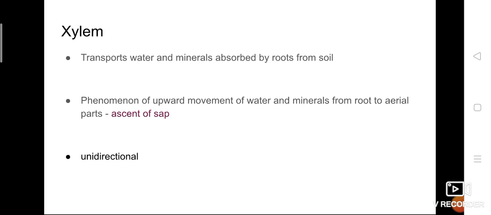So what the roots will do is absorb the minerals and water. Now what it has to do, this is with the help of xylem. The roots are going to transport this water and minerals, which are absorbed from the soil, to all parts of the plant. But imagine that movement of water and minerals, it's going to be upwards, isn't it, from root to all parts of the plant.